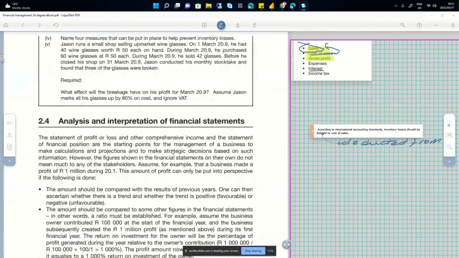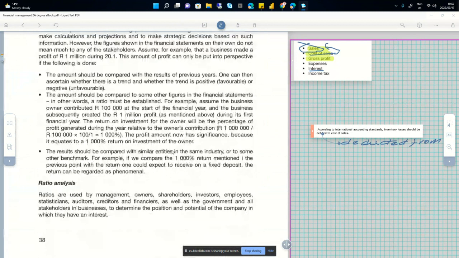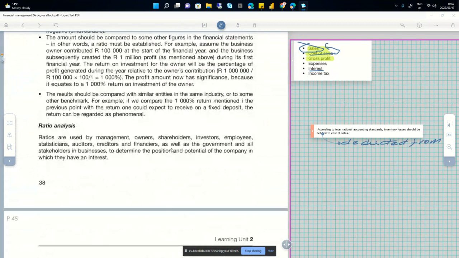Right. So please, the analysis and interpretation of financial statements is very important. This is our second part. For the 20 minutes that we have left, I'm going to touch on this, and this is going to be quite a comprehensive video. I would expect that perhaps you might not be able to go through the whole video at once. No problem.